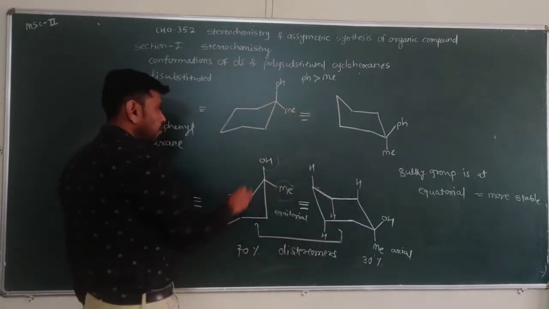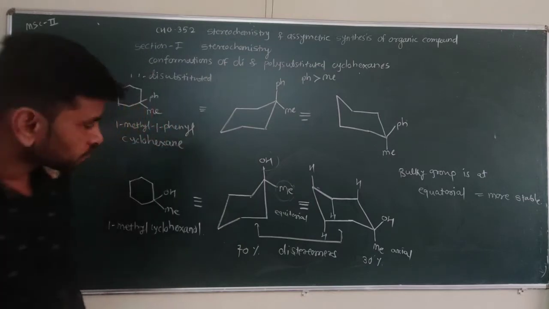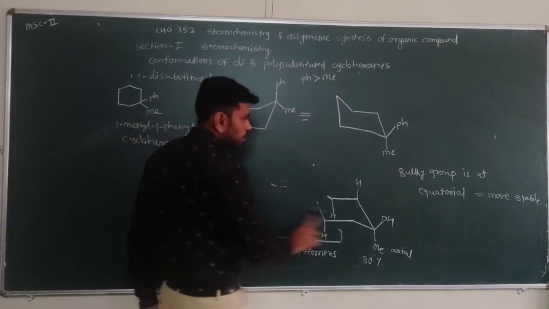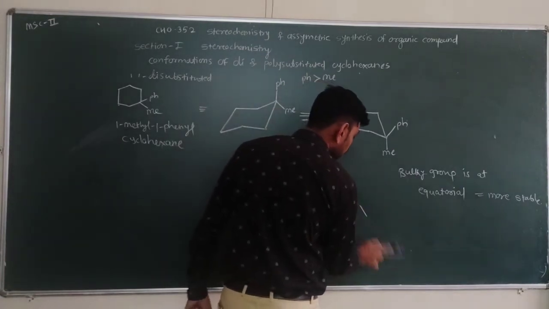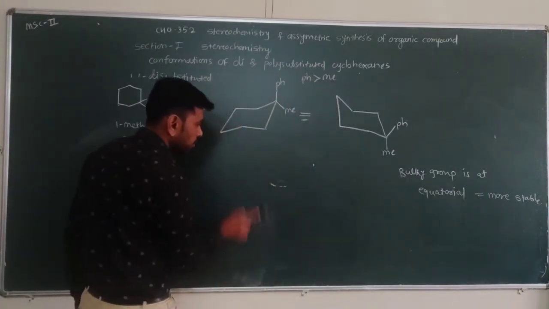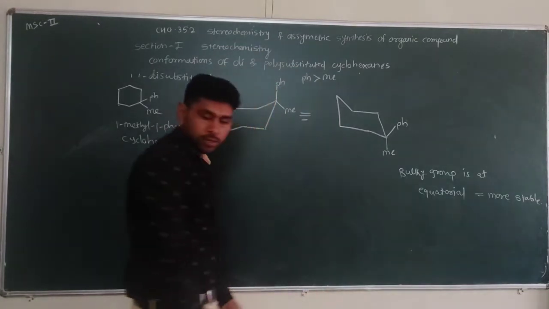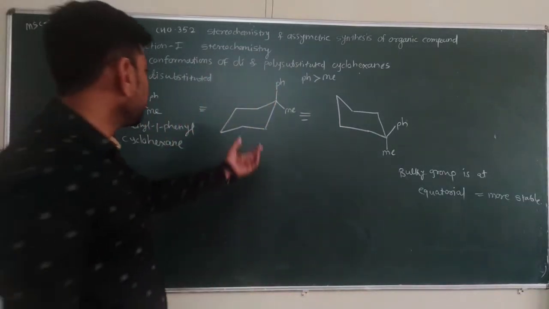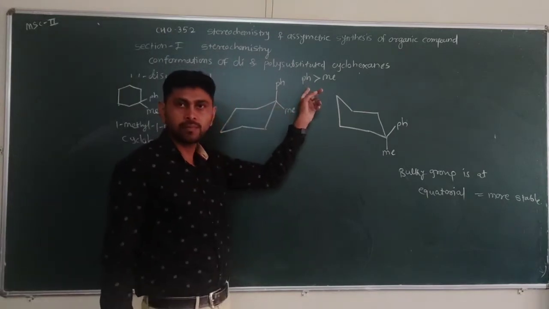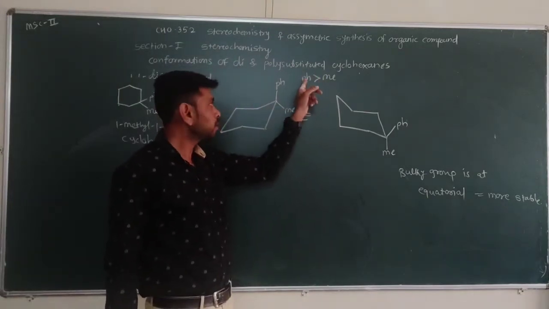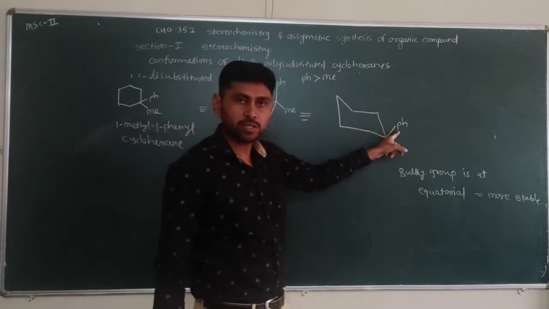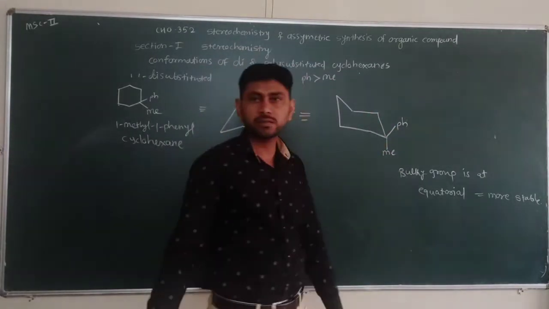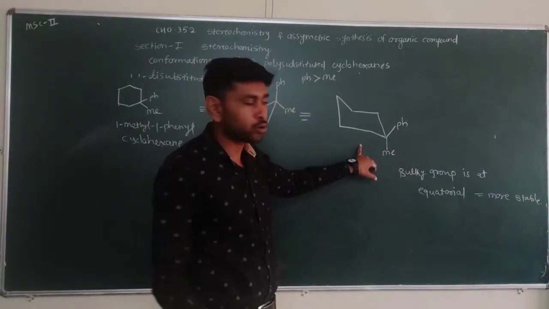Okay, but out of these two structures, what is our formula? Our formula is that when the bulky group is at equatorial position, it is more stable. Which is the bulky group here? The phenyl group is bulkier. So the bulky group is at equatorial position, and the expectation is that the second conformation is more stable.